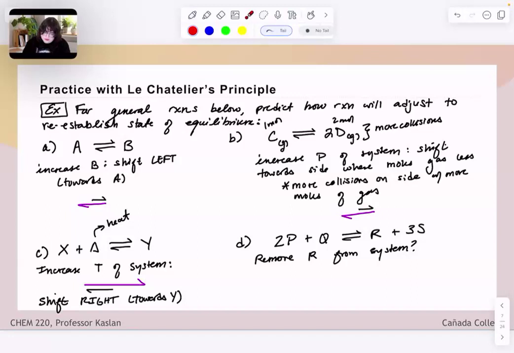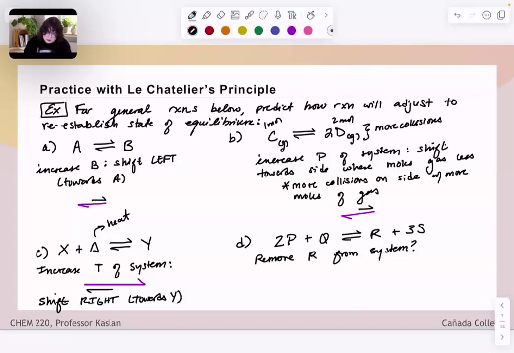So if we were to remove R from the system, then we would need to find a way, us being the system at equilibrium, to reestablish the amount of R that we've got to be back at some constant quantity.